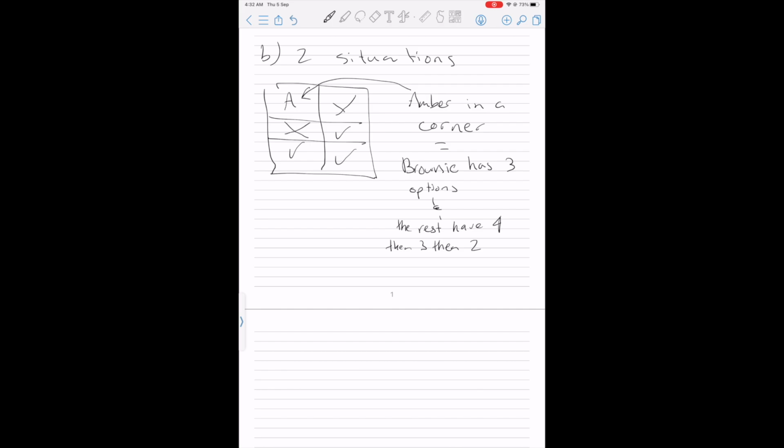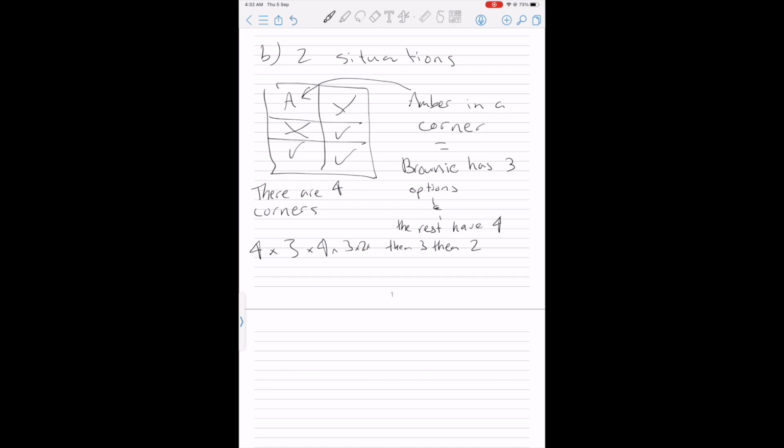So in this case, there's the first type of situation where you can put Amber in one of the corners, and thus Brownie can't be in the one next to it or under it or above it. Meaning that there's 2 boxes that Brownie can't be in.